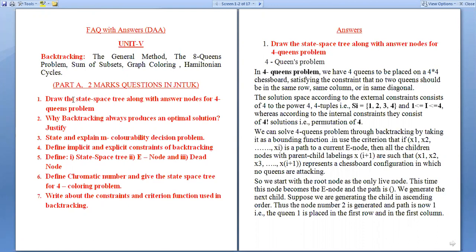Now go to the first question. Draw the state space tree along with answer nodes for the 4 queens problem. So this is the question.